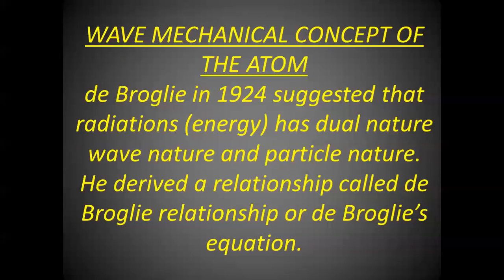Now, to understand this, let us recall that energy has dual nature. The nature of energy or light, because light is also energy, is explained basically by two different theories: Newton's theory and Huygens' theory.